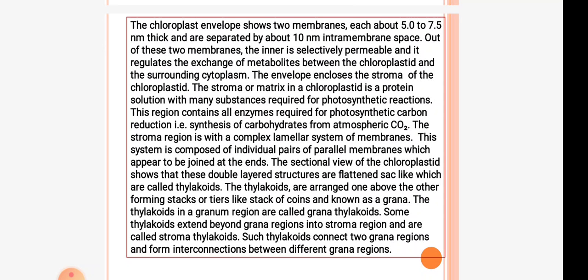Thylakoids are arranged one above the other, forming stacks or tiers known as grana. The thylakoids in granum region are called grana thylakoids. Some thylakoids extend beyond grana region into stroma region and are known as stroma thylakoids. Such thylakoids connect two grana regions and form interconnection between different grana regions.